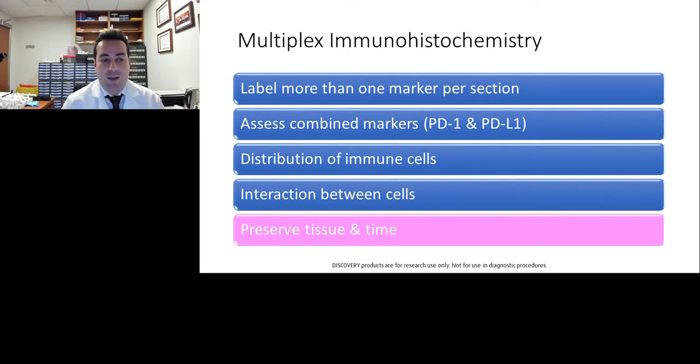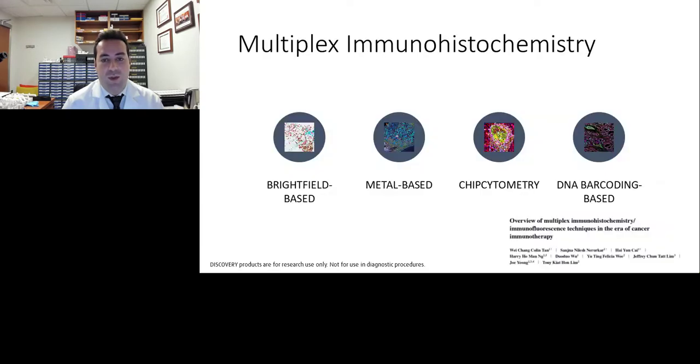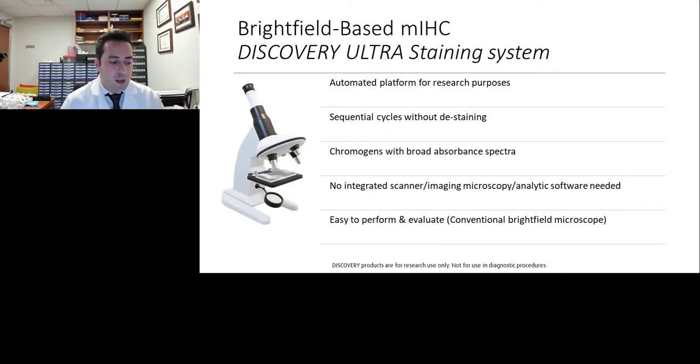These ideas led us to the concept of multiplex immunohistochemistry. Today we have a bunch of different techniques for multiplex immunohistochemistry, which are brightfield-based, metal-based, chip cytometry, or DNA barcoding-based methods. Today I'll be talking about the Discovery Ultra Staining System, which is an example of brightfield-based multiplex immunohistochemistry.